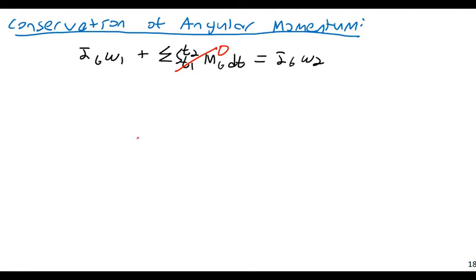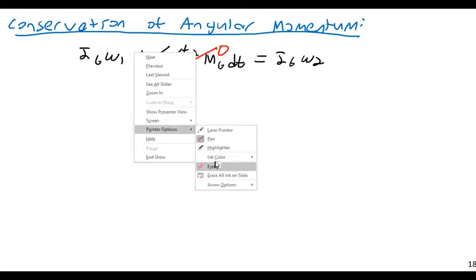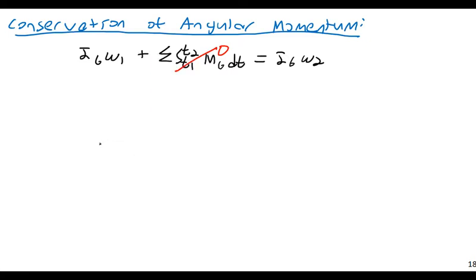The classic example of this is a skater. So this would come down to IG omega 1 equals IG omega 2. You've probably seen a figure skater before in the Olympics, where the skater starts with their arms outstretched and is initially spinning quite slowly, but then they pull their arms in, and their rate of rotation rapidly increases.